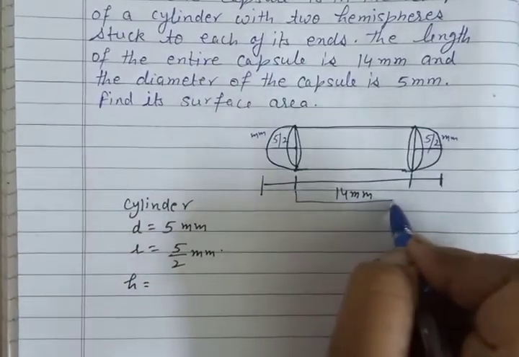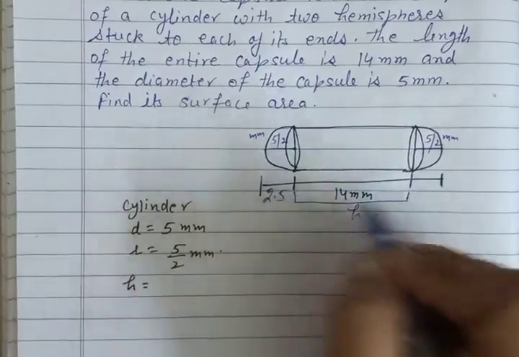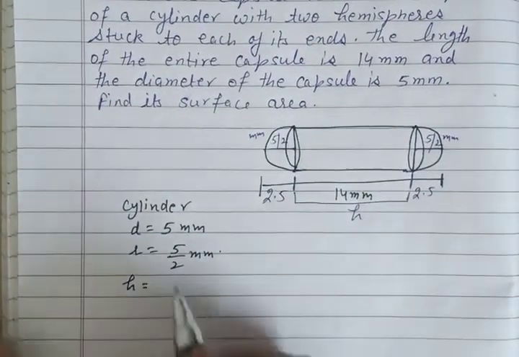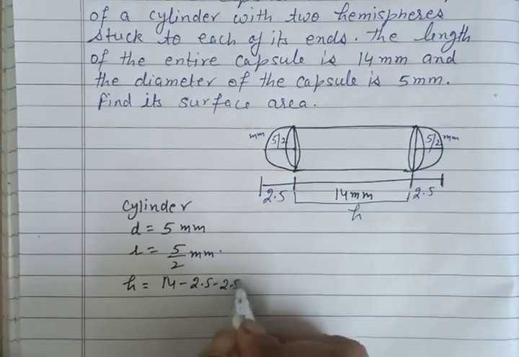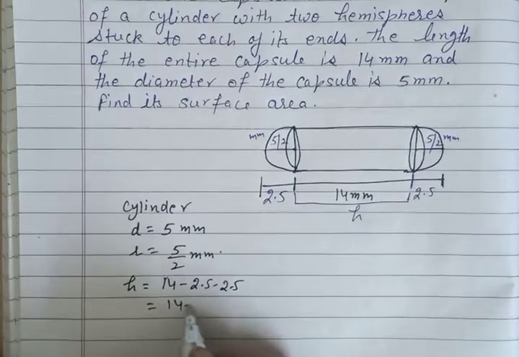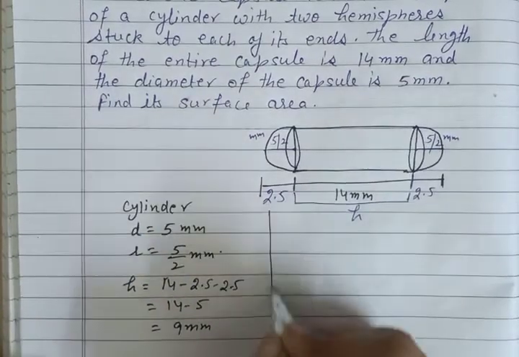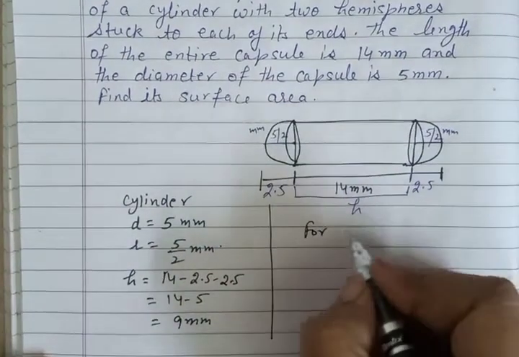It means 2.5 from this side and 2.5 from this side. So height is 14 minus 2.5 minus 2.5, which equals 14 minus 5, which equals 9 mm.